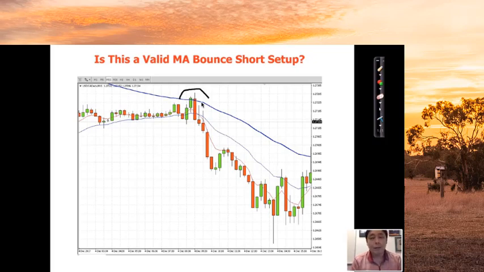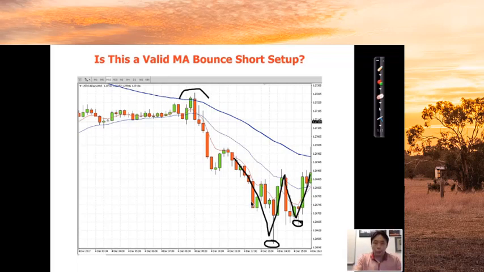Why? First, where is the recent swing low? The recent swing low is here. Okay, where's the previous swing low? Here. Right, as you can see, it goes down like that. Can you see?